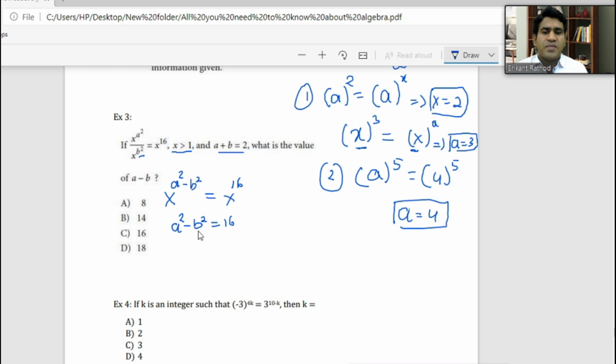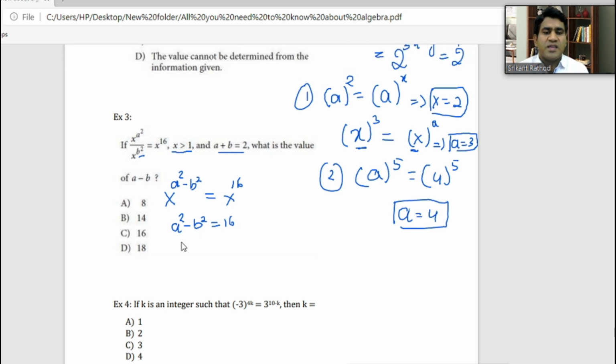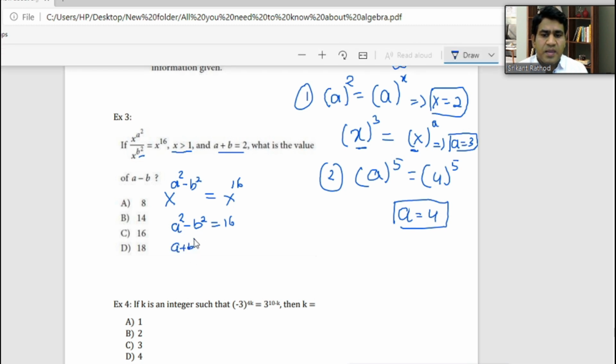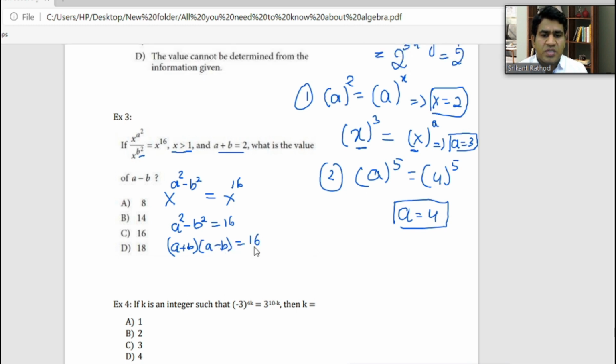Now a square minus b square is an identity. Remember, I listed the three identities and said they are very important for competitive exams. This is one of those. So a square minus b square can be written as a plus b times a minus b, which is equal to 16, and they have given us the value of a plus b.